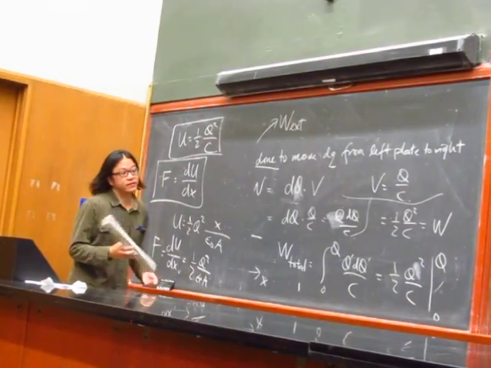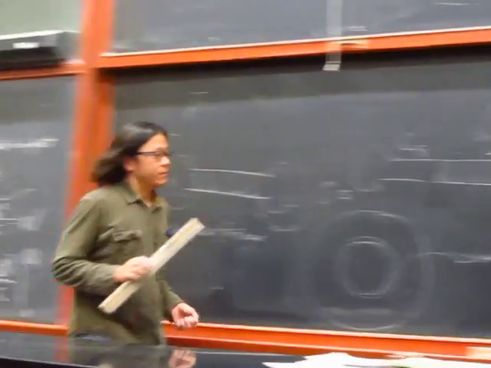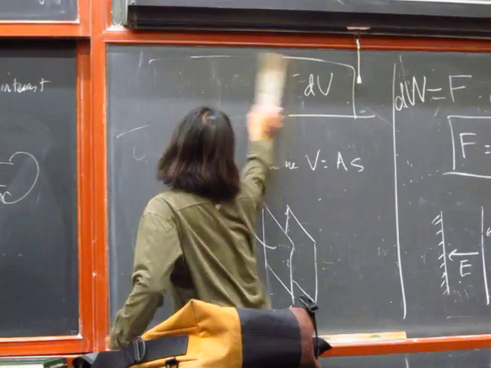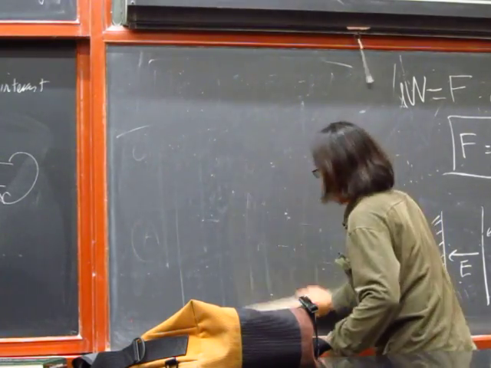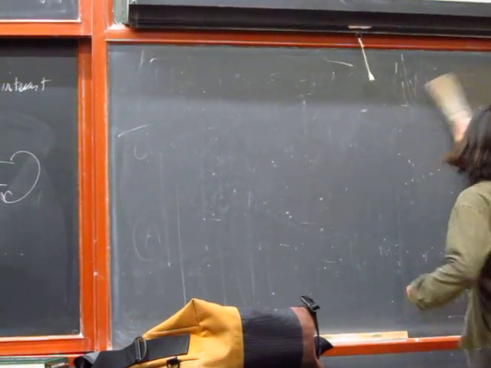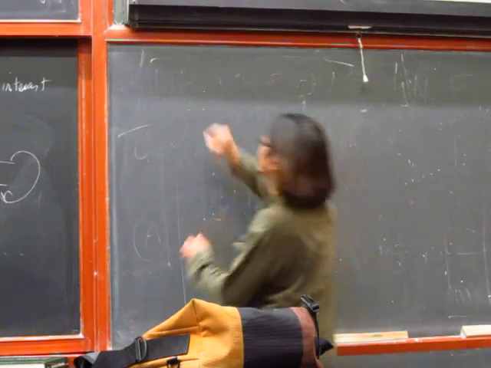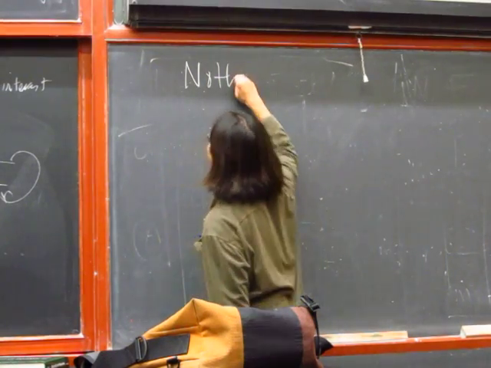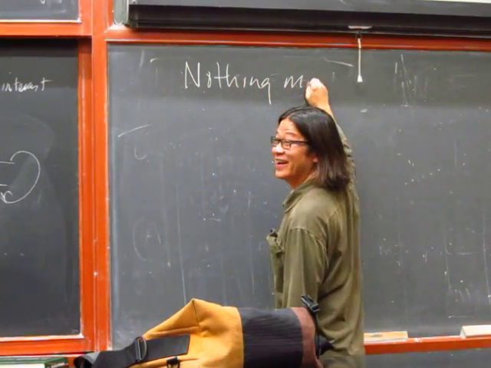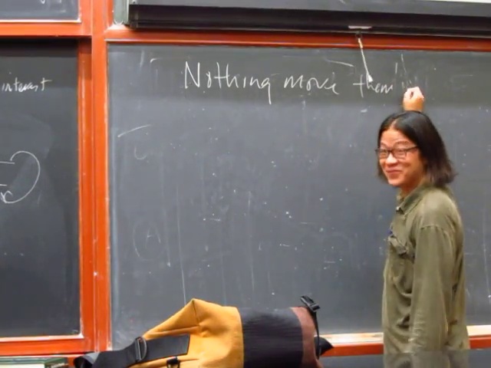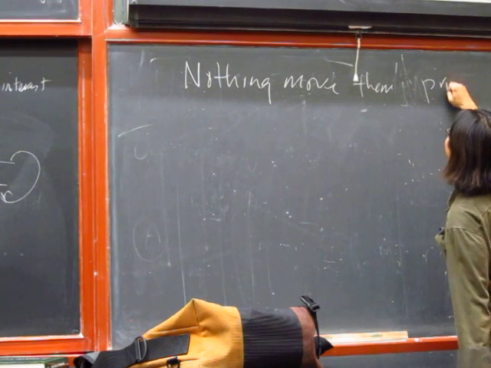We want to do better than standard problems in lower division physics. To do that, I have to introduce the capacitance matrix, and this is again nothing more than the principle of superposition.